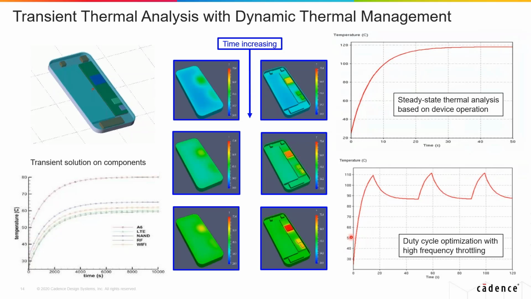So by dumping in a lot of power in the beginning, they can boost up the performance of the design, but how many seconds or how long this high-low frequency range lasts will be very critical for the design. So the designer can evaluate a duty cycle or a time control of this power profile in this device.